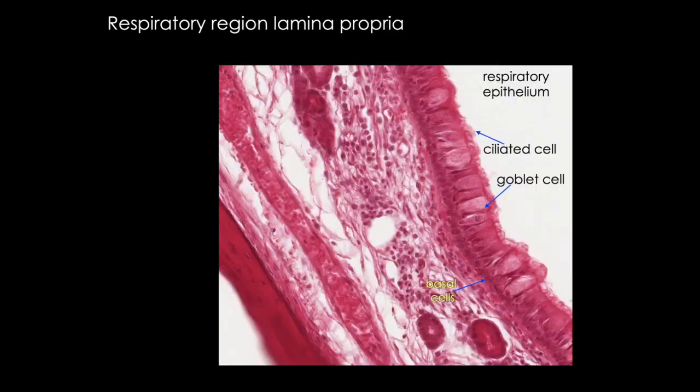Next, let's look at the lamina propria of respiratory epithelium. This bracketed region here is the lamina propria, all the way up to the bone, but not including it. It contains typical loose connective tissue. Some areas contain large venous sinuses, and this helps control airflow via sympathetic innervation. And there are a lot of seromucous glands as well.